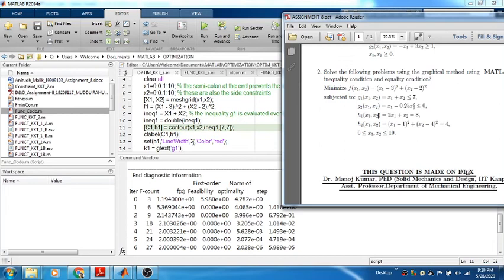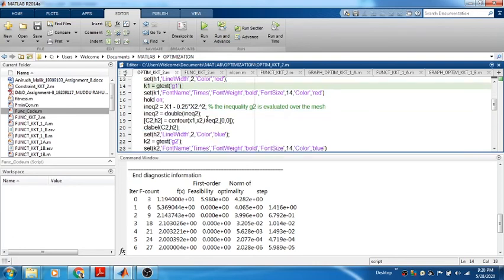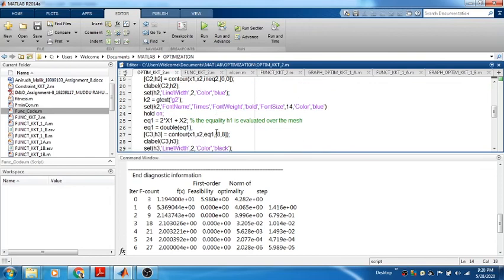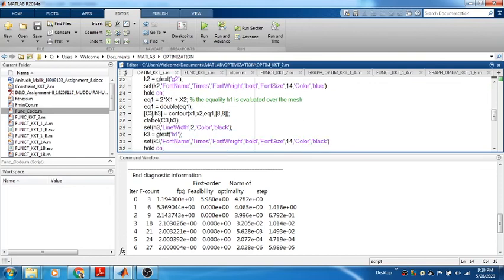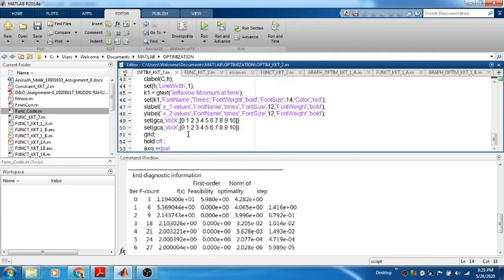So I wrote it here. The next will be g2. If you see the inequality, g2 will be here. Yes, this is the inequality, but this is non-linear, if you see. Similarly for h1, and similarly for h2, and the function.